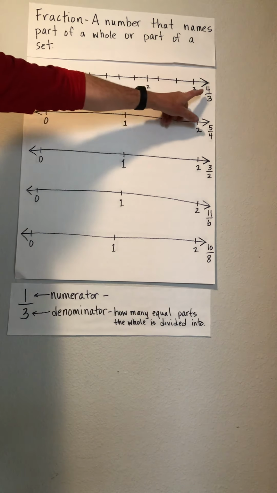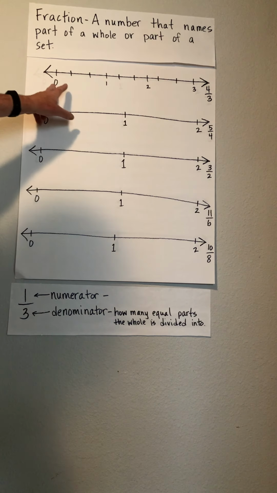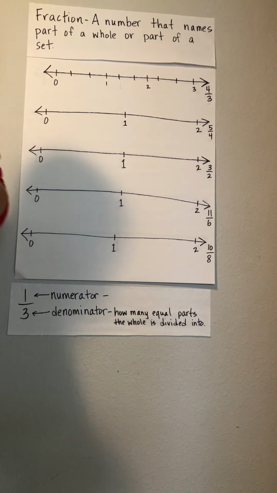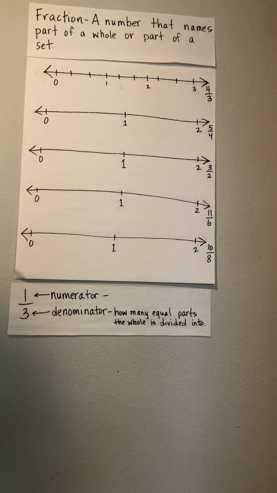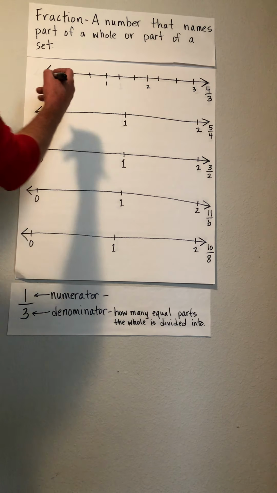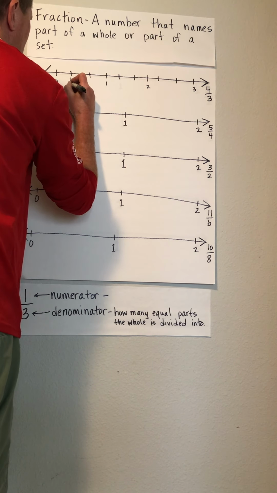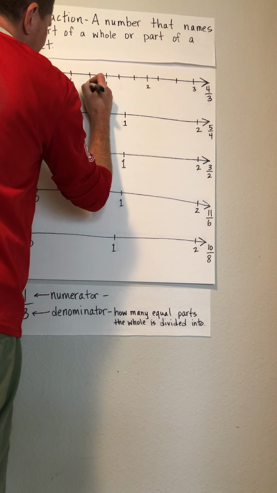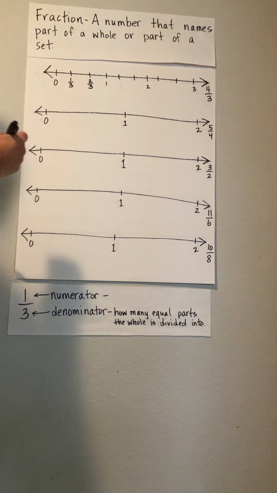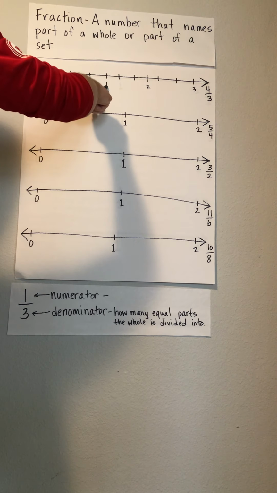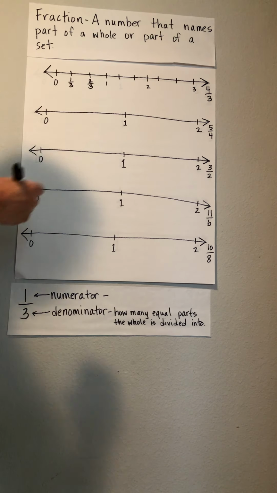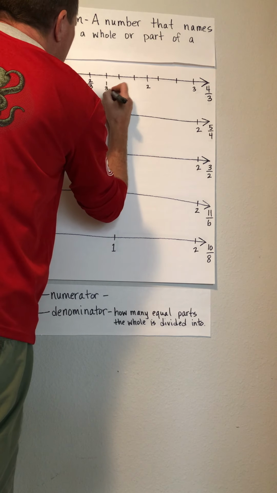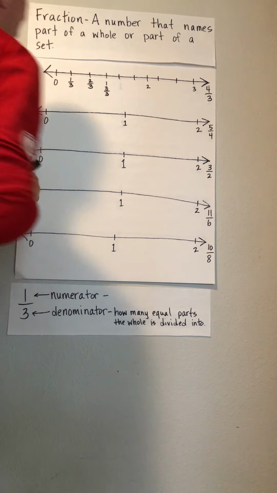Now, before we find 4/3, I'm going to go through the whole process all the way across from 0 to 3. So, this first one is 1/3. So the second one is 2/3. Now the third one, which is 1 whole, is 3/3.